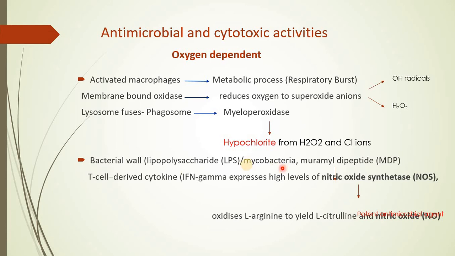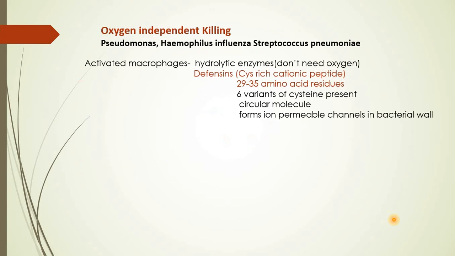In this situation, the T cell derived cytokines express high levels of nitric oxide synthase, that is NOS, and this nitric oxide synthase has the ability to oxidize arginine to citrulline, as a result of which nitric oxide is formed. This nitric oxide is a potent antimicrobial agent, and this way antimicrobial activity is shown by a large number of macrophages.